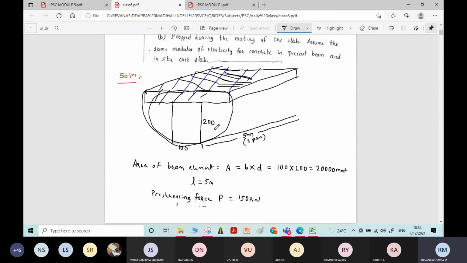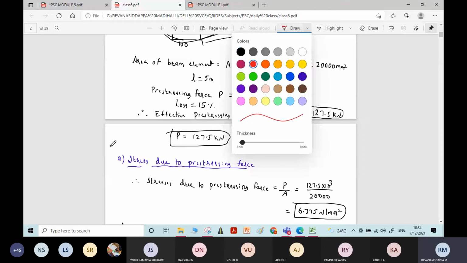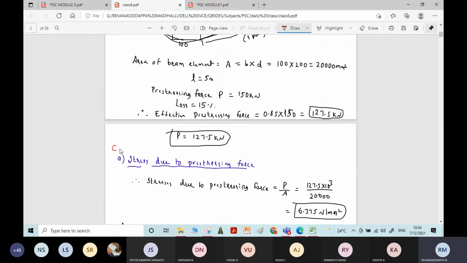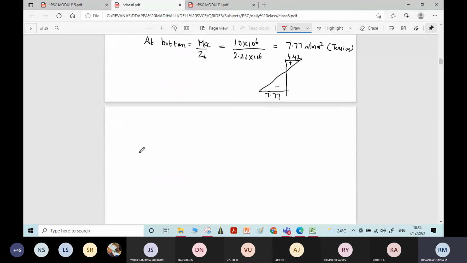Here you write the main headline: case 1, unproper construction. Case 2, proper construction.